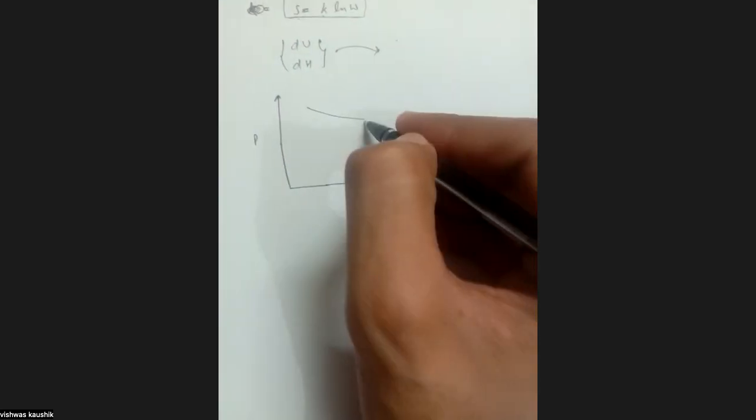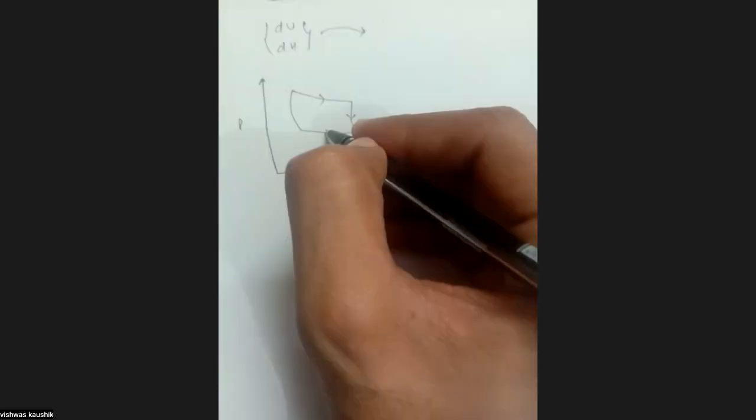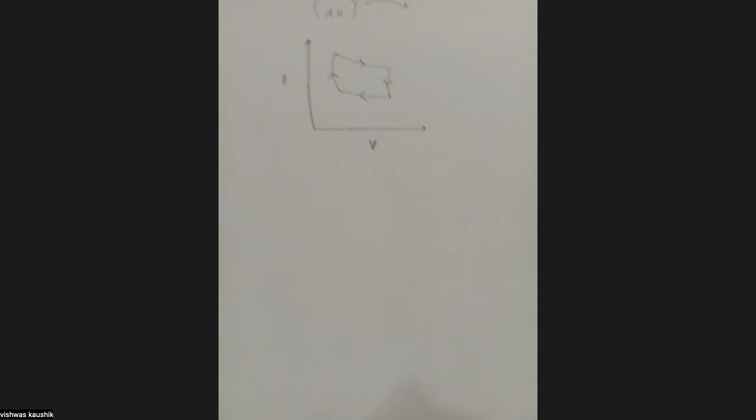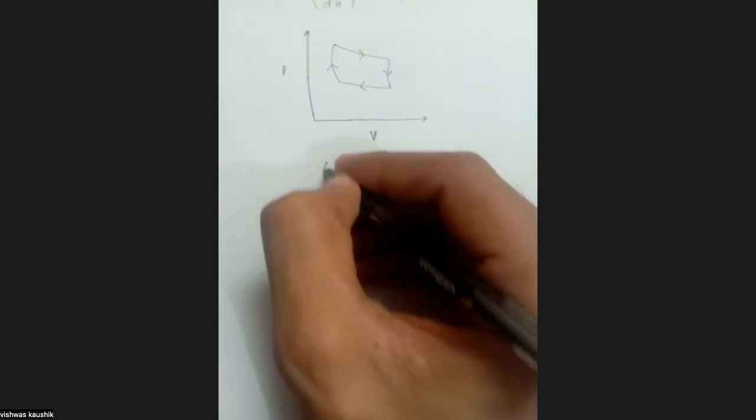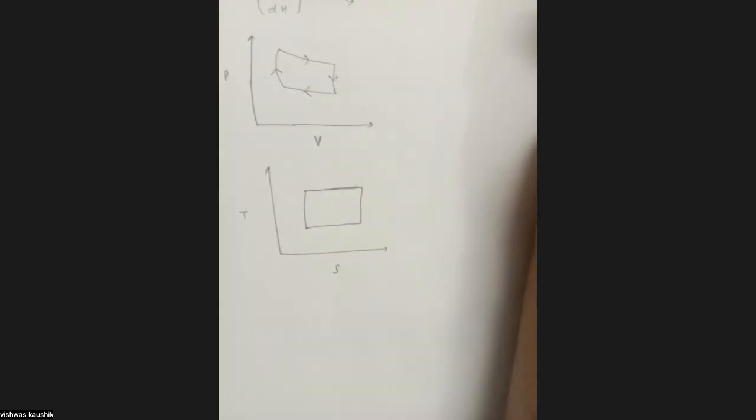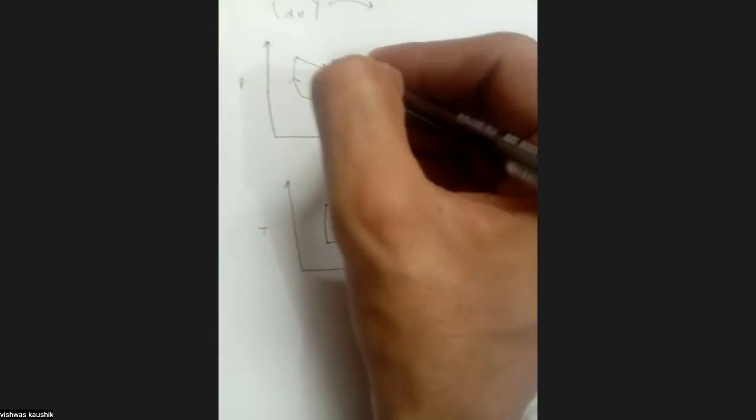So if this is the first process, second, third and fourth, they are straight lines. The variables are temperature and entropy in TS, and pressure and volume in PV.